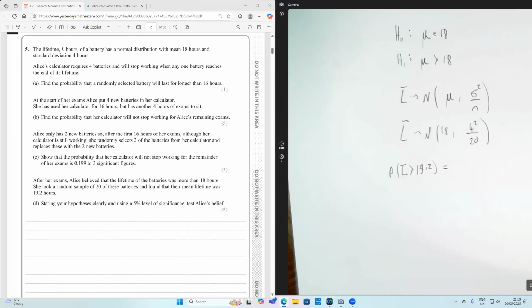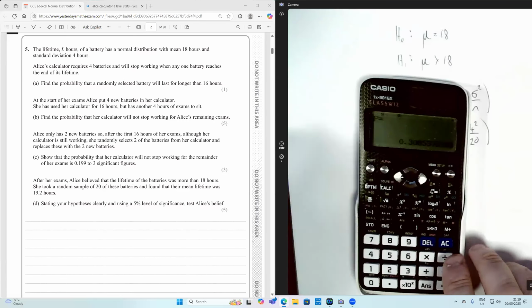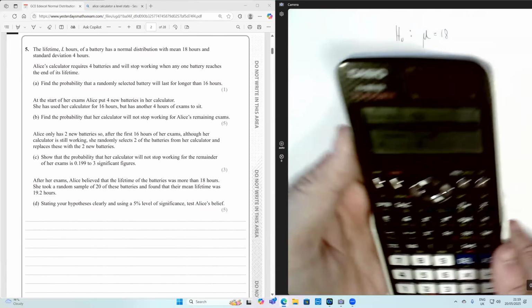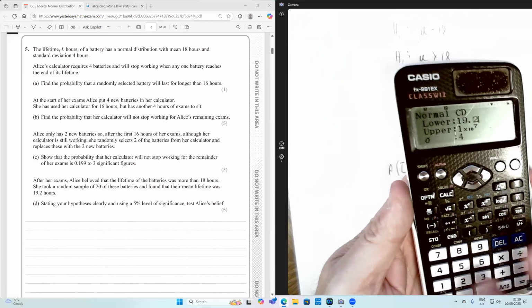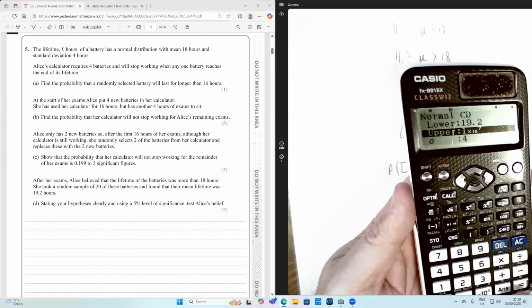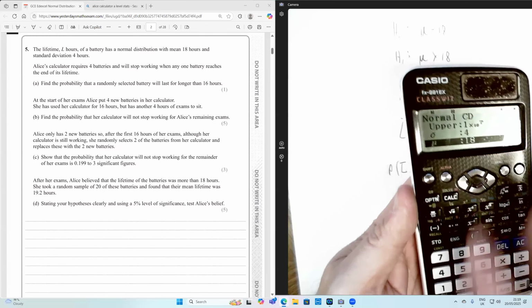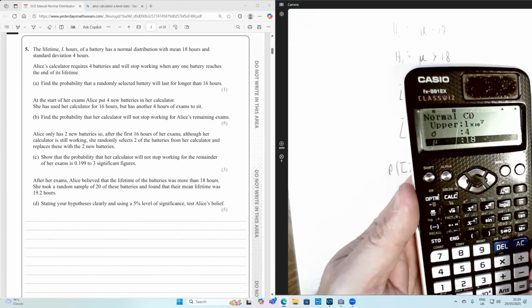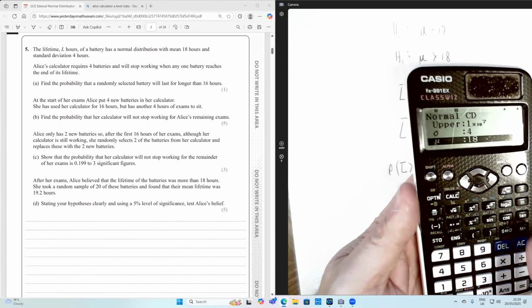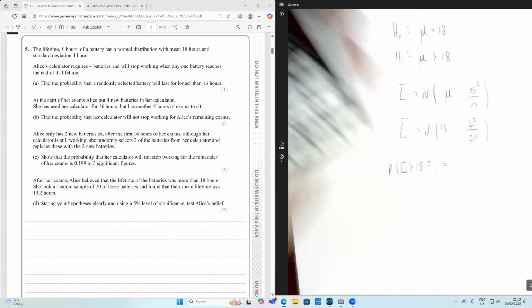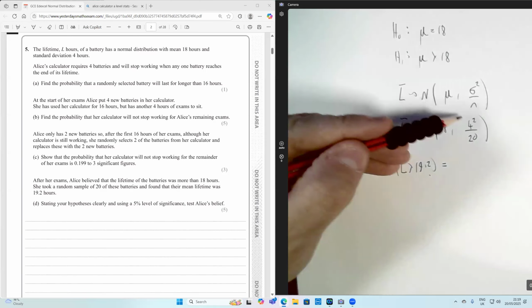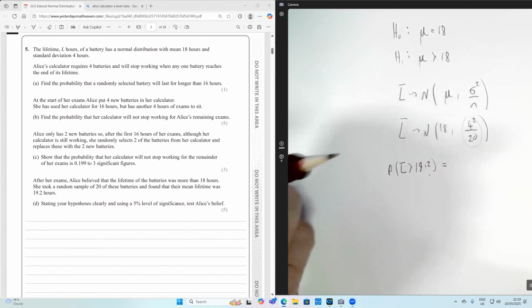Now, we have to be super careful about how we put this into the calculator. So we've got a normal CD, and my lower is 19.2. My upper, I'm just going to leave as some really big number. My standard deviation is 4, and my mean is 18. Okay. No, actually, my standard deviation is not 4. Now, this is where we've got to be super careful. Remember that this figure here is sigma squared.